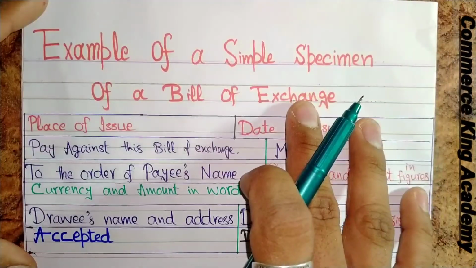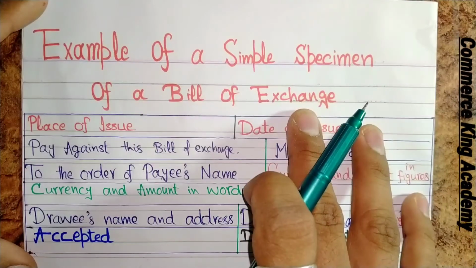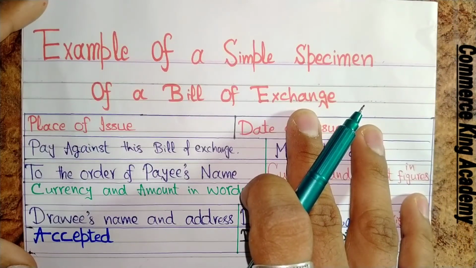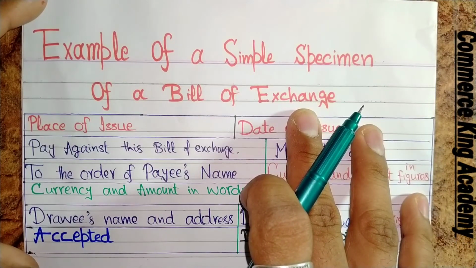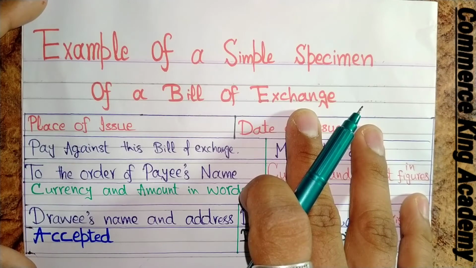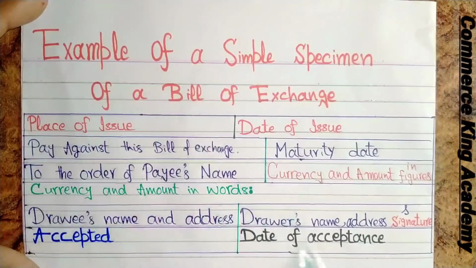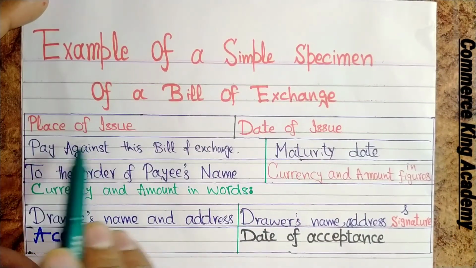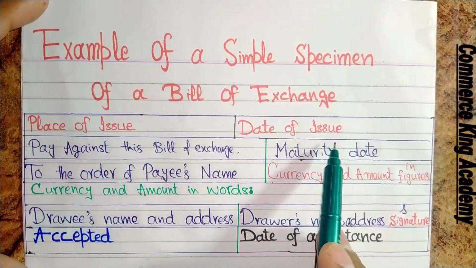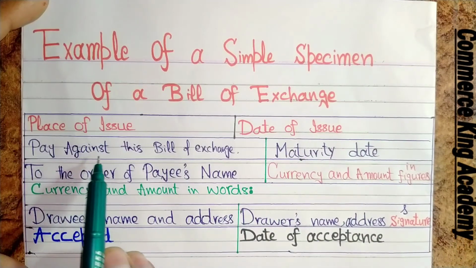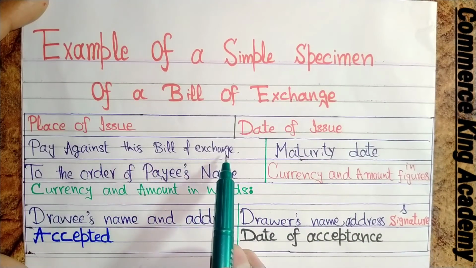After understanding the concept of what is bill of exchange and its contents, now you can see for more clarity. This is the example of a simple specimen of bill of exchange. This is the place of issue, date of issue, pay against this bill of exchange.